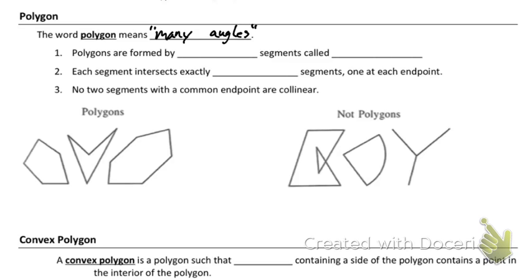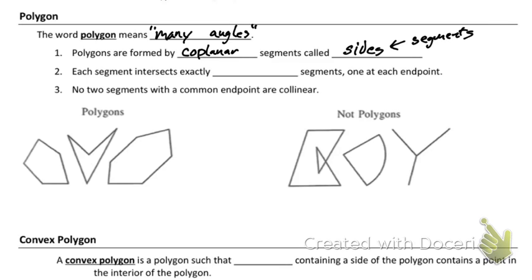A polygon is formed by coplanar segments called sides. Remember, sides are going to be segments. I'm going to say that once again. So if I ask for the side of a polygon, you better give me a full segment.